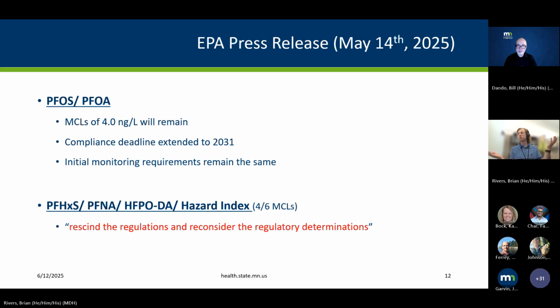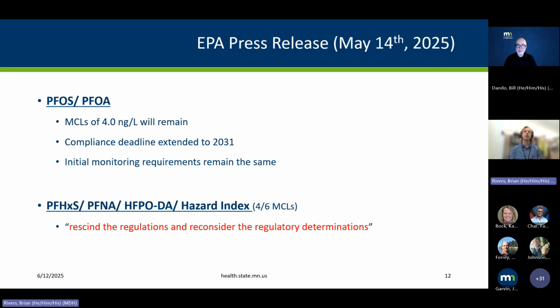And we're like, okay, thanks. And then about 5 paragraphs down, kind of burying the lead, there was this line saying that the EPA is choosing to rescind the regulations and reconsider the regulatory determinations for the remaining 4 out of the 6 MCLs that were published. So that doesn't necessarily mean that these will go away.